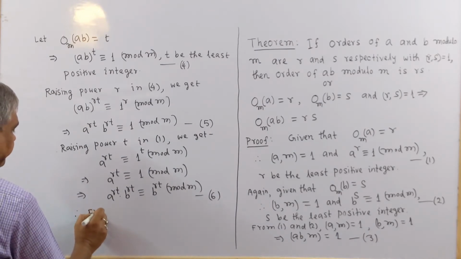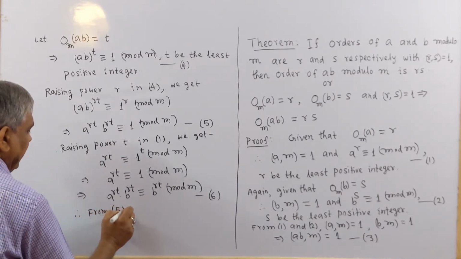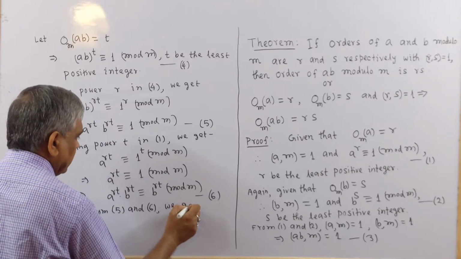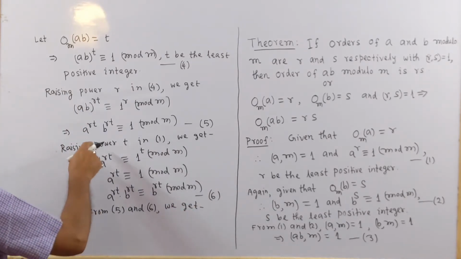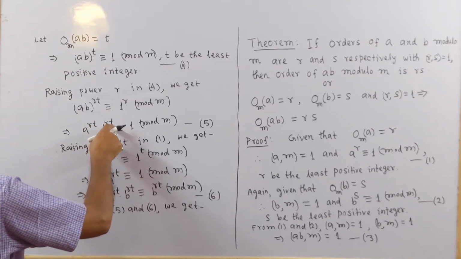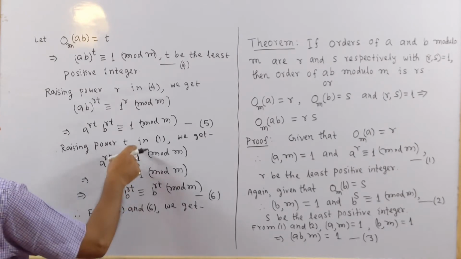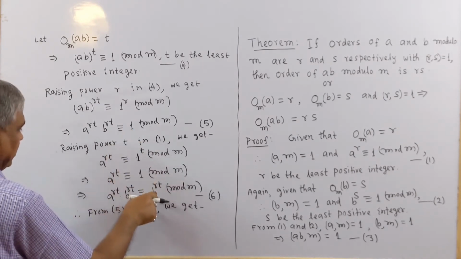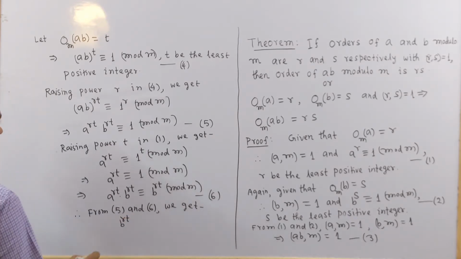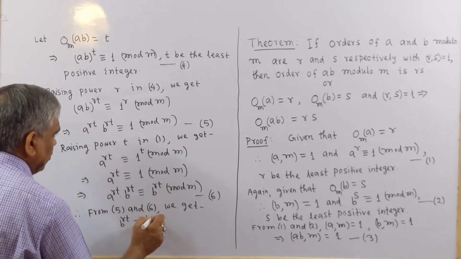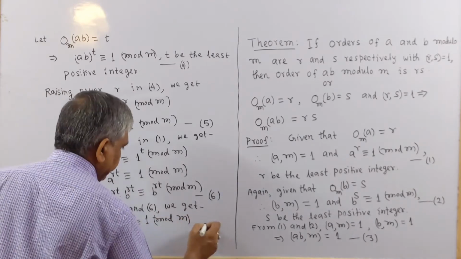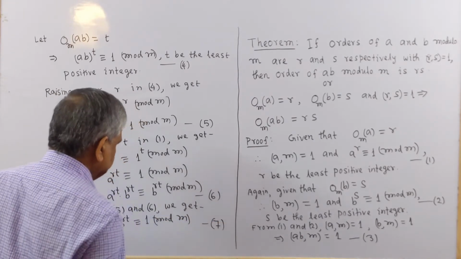Therefore, from 5 and 6 we get, here in left side we see that a to the power rt multiply b to the power rt, here also the same. Therefore, comparing right side we get b to the power rt is congruent to 1 modulo m. This is number 7.